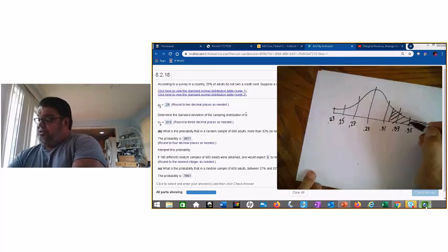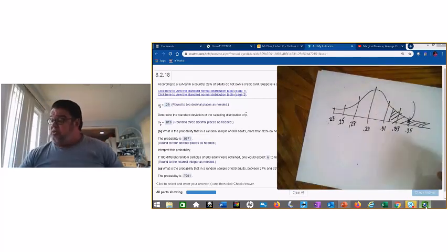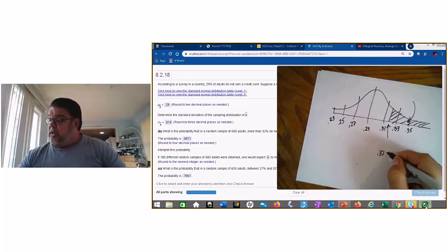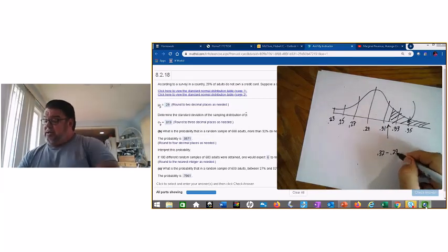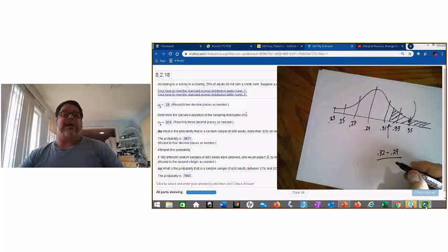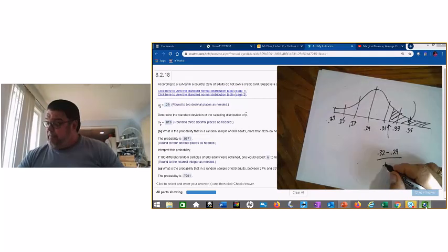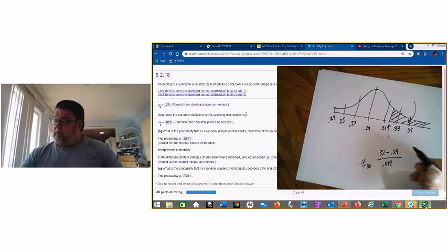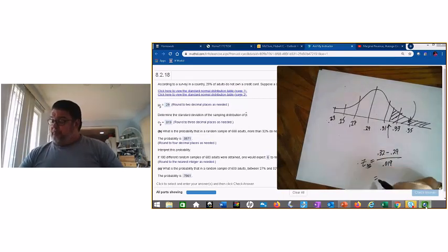So they want to know this area. So I got to get a z-score right here of 0.32 minus 0.29 divided by our denominator, which is 0.019. So do that for me, and that's our new z-score at 32%. Tell me what you get.